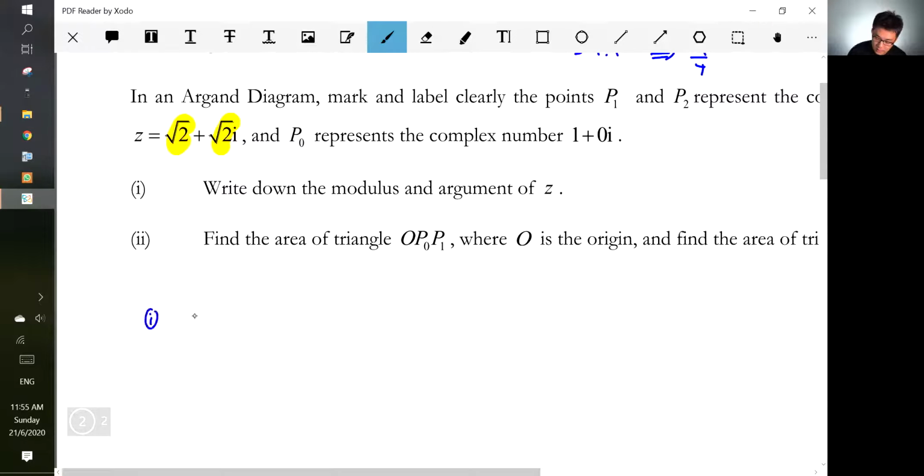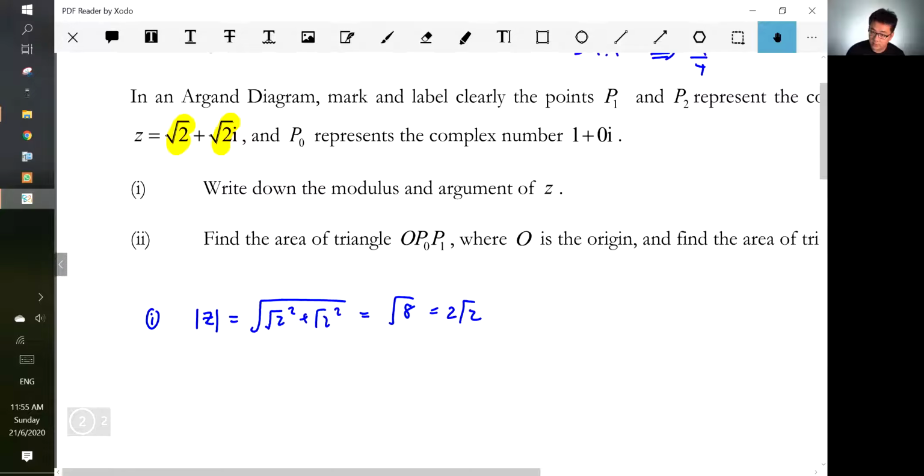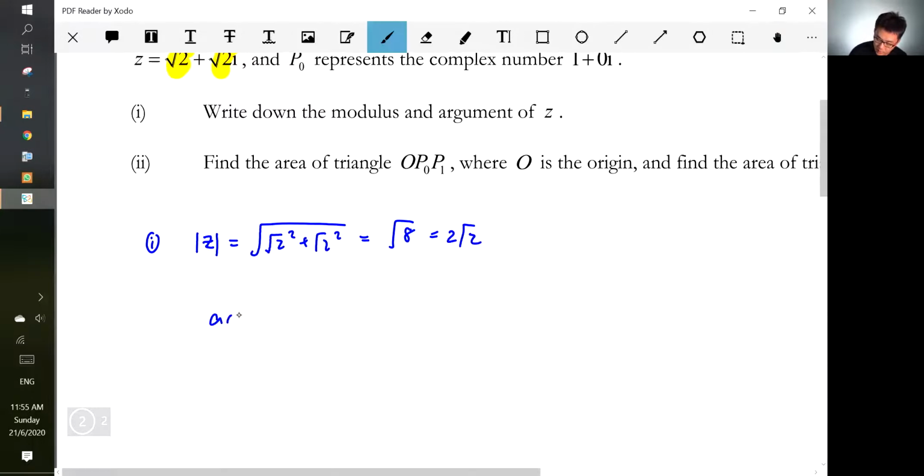So basically, mod z would be the square root of √2 squared plus √2 squared. So it's 4 plus 4, 8, which is 2 √2. Then you have the argument of z, which is just √2 to √2, which is pi over 4.